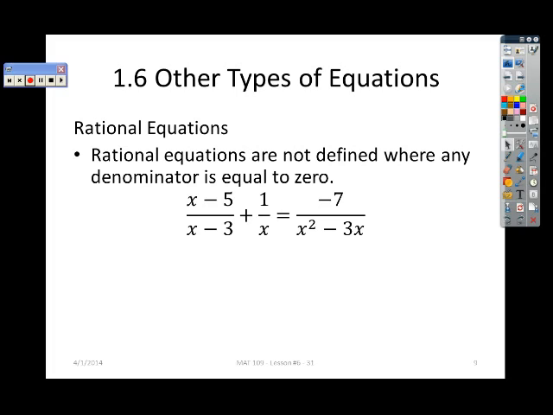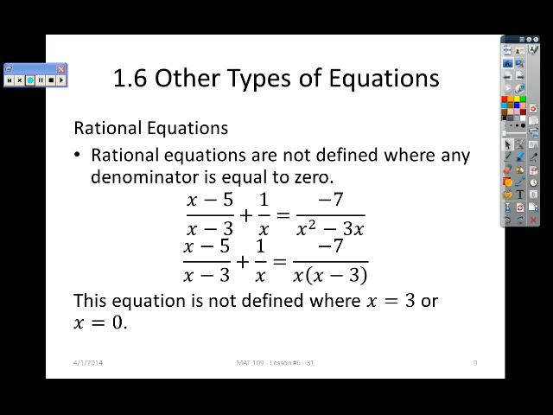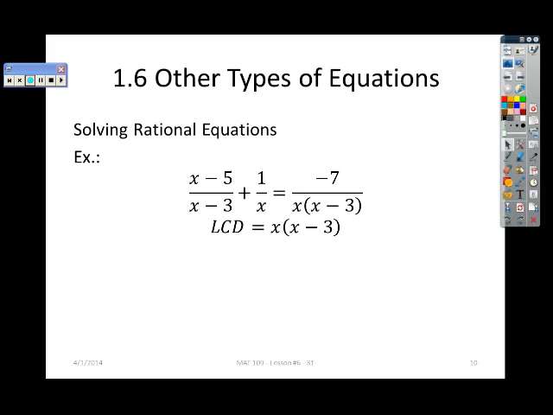So I need this denominator, and then from here I also need this factor. So I need x minus 3 and I need x as factors in my least common denominator. Then over here, I would need x, which I already have, so I don't need it a second time. I would also need x minus 3, which I already have, so I don't need it a second time. Therefore, my LCD is x times x minus 3.